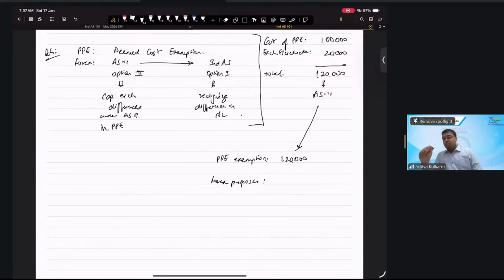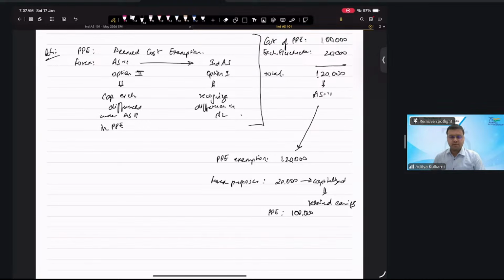But if this company wants to do that, what does it have to do? The 20,000, which is already capitalized, must move to retained earnings, and your property, plant, equipment will be only 1 lakh.